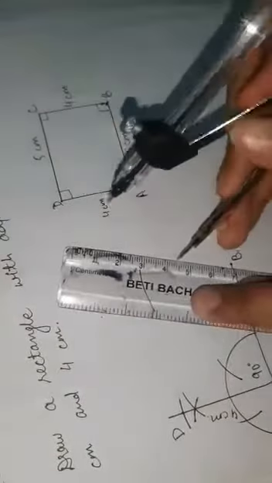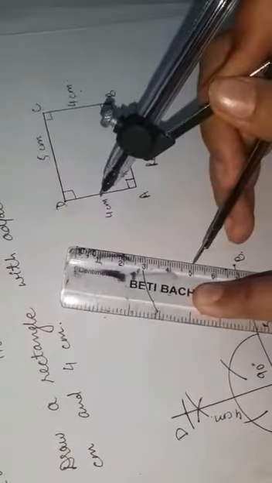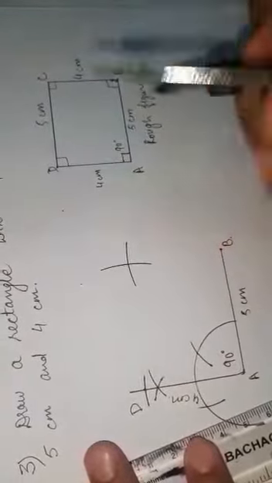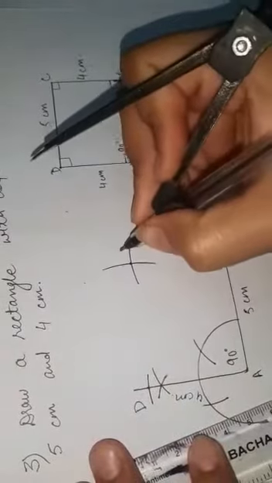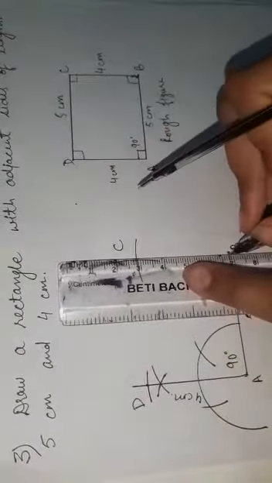So measure 5 centimeters from the scale and then from D point draw an arc. Okay, so where the two arcs intersect each other, this becomes the point C, and now join them.